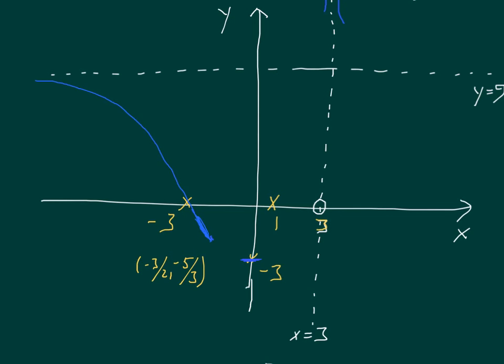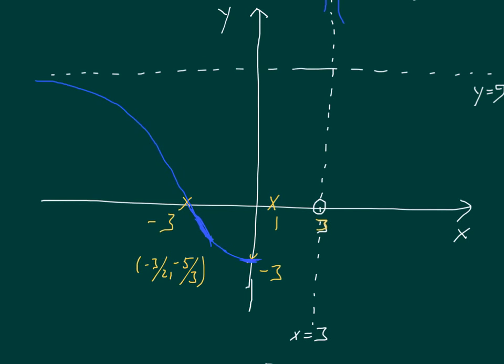At this point, when x becomes larger than minus 3 halves, I suddenly become concave up, but I'm supposed to continue to decrease, and I'm going to have this horizontal tangent line here. Okay, so there we are.